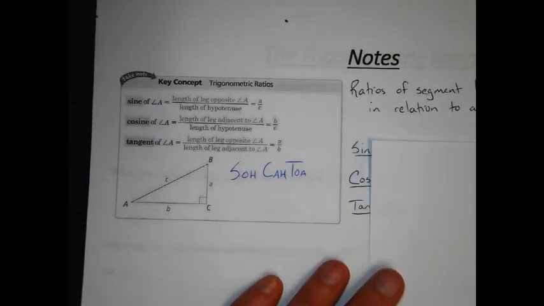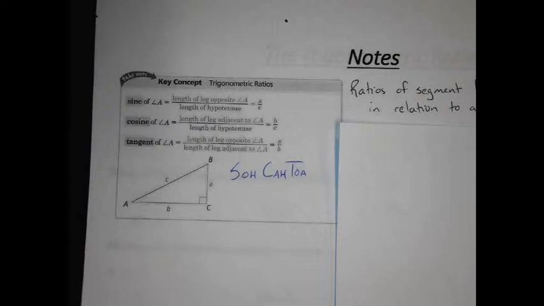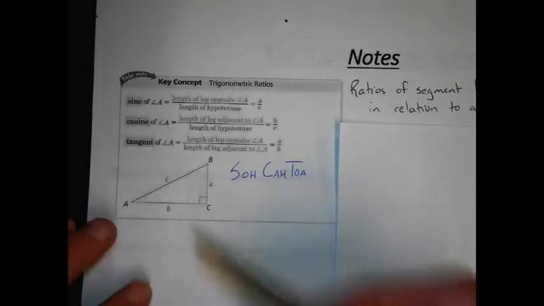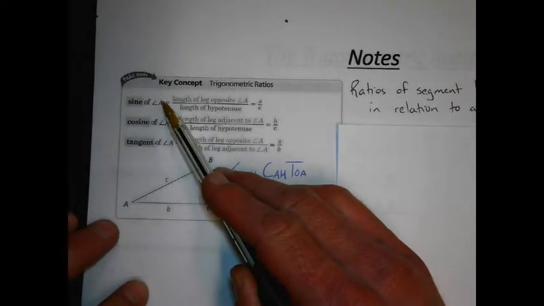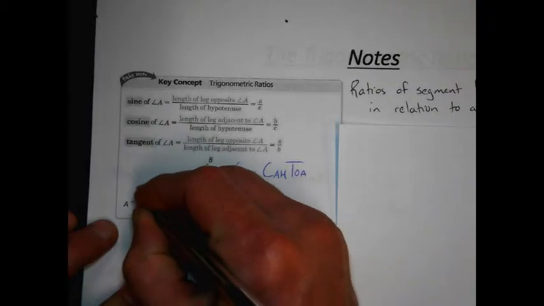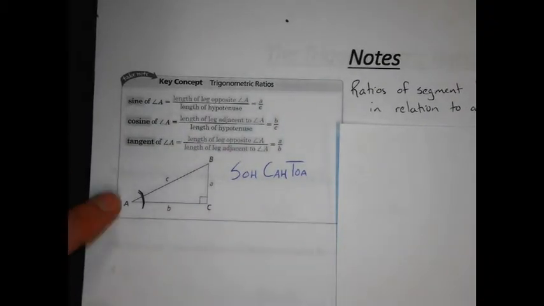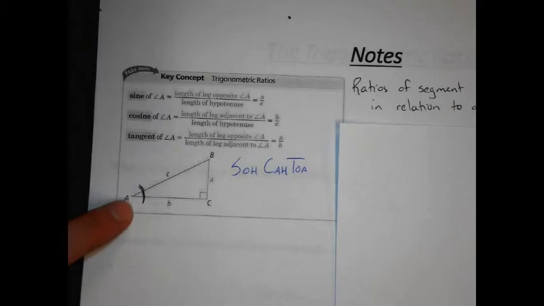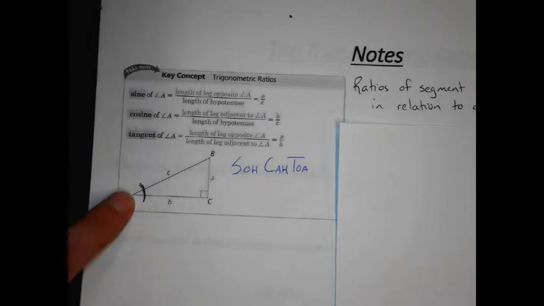Whenever you're looking at a specific angle, in this particular note, we're looking at angle A. So the note is in relation to only this angle. When it comes to the angle, we have 3 segments.